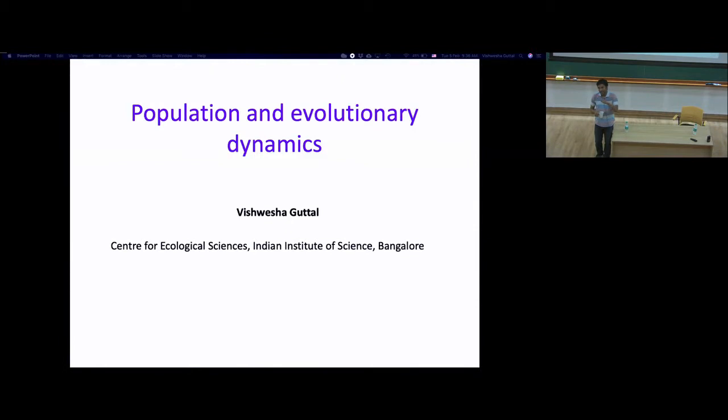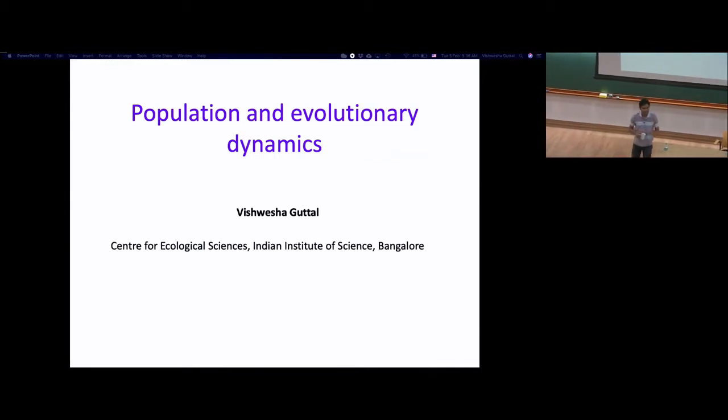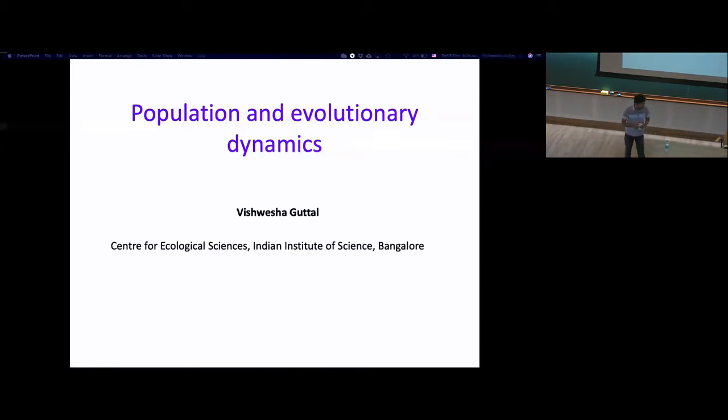We will of course not be able to cover the techniques required to understand those types of models. In my set of talks, in the first 3 talks or so, I will cover mostly simple population models, and in the next 2-3 lectures, I will cover some aspects of evolution through game theory.